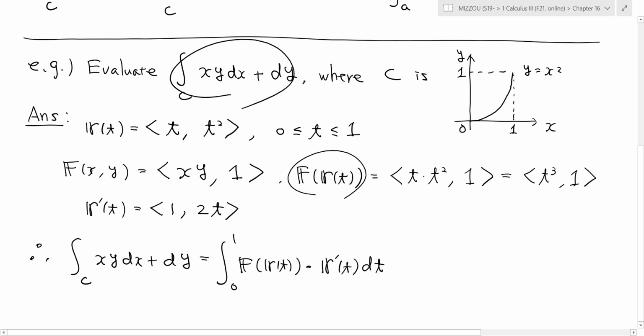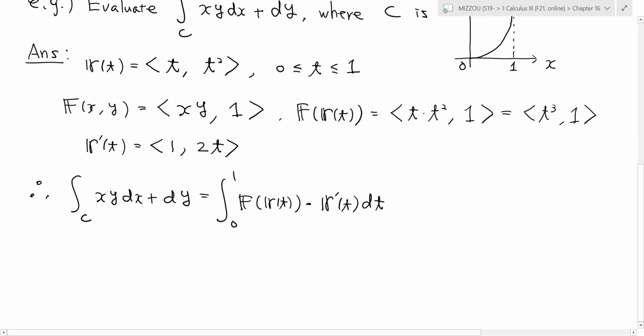But what's this? More concretely, this is the integral from 0 to 1 of (t cubed, 1) dot (1, 2t) dt. And what is this?